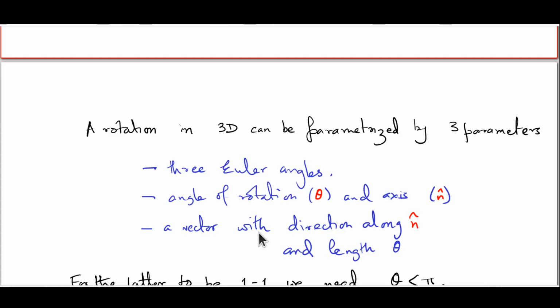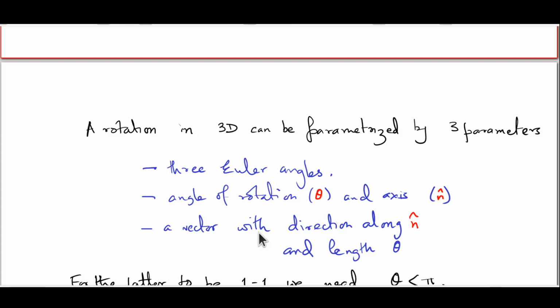But that is not in one-to-one correspondence with all possible rotations. That's sort of obvious because a rotation of 2 pi, for example, is parameterized here by a single vector of length 2 pi, whereas the null vector would also do the same job, or a vector of length 4 pi.